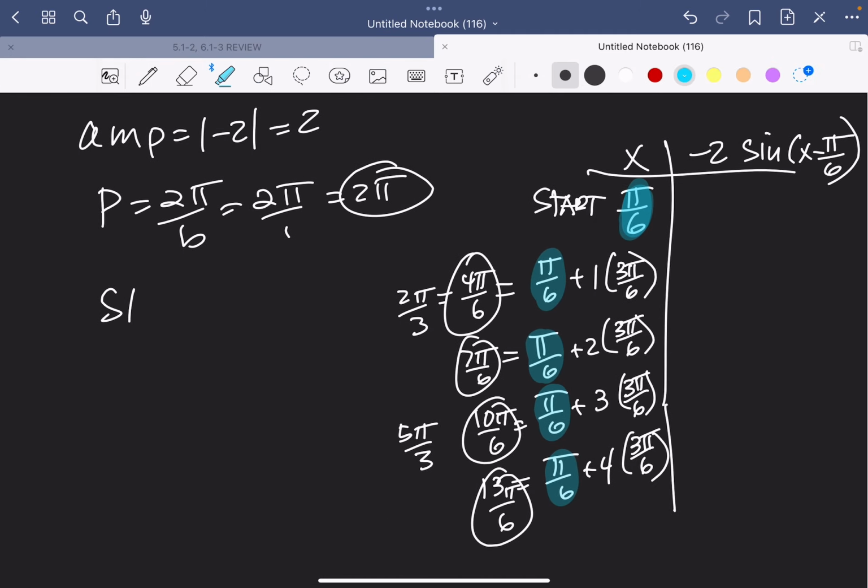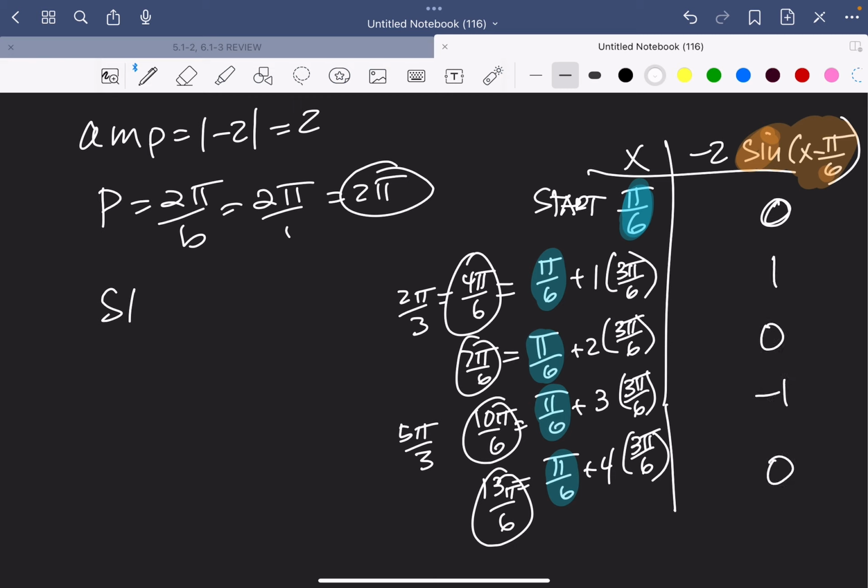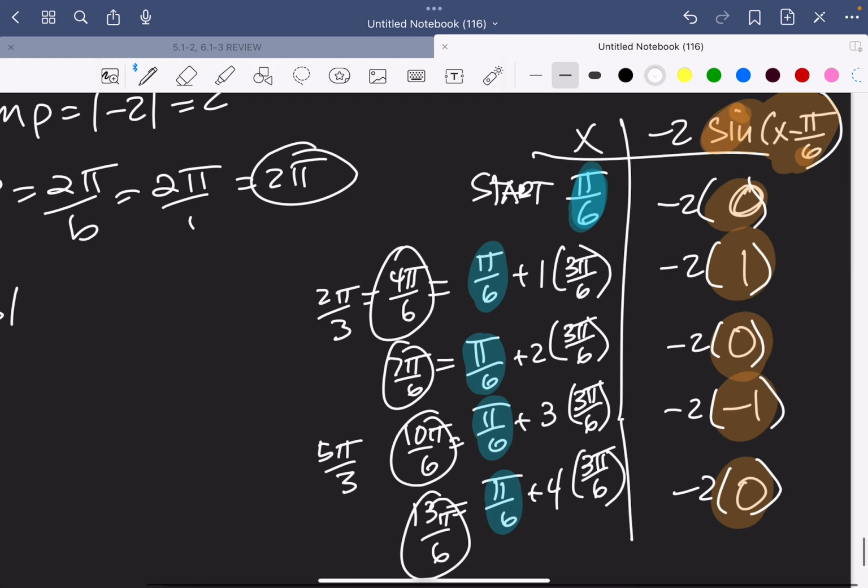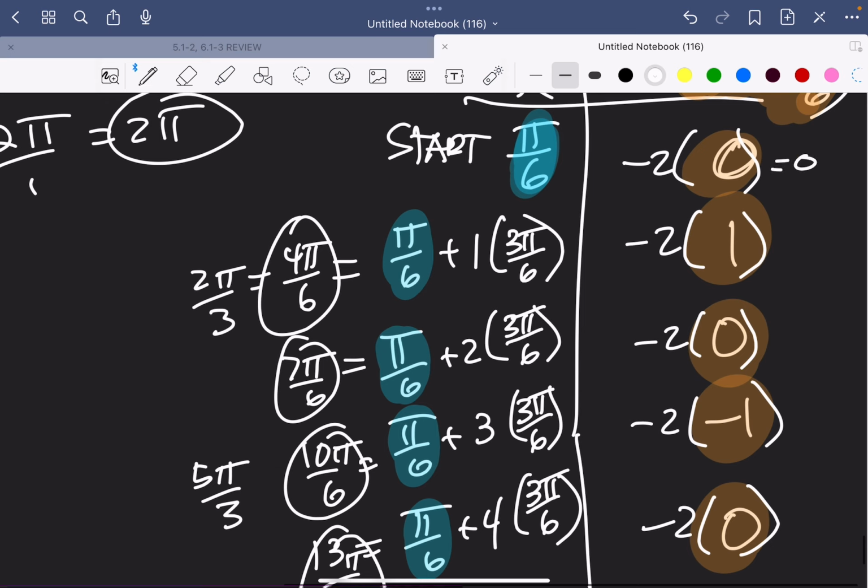So our standard sine, our parent function, is 0, 1, 0, -1, 0. Those are the values of our standard parent function, right? Why is that great? Because now I'm just going to take all those and multiply by that -2 out front, which first reflects and then stretches by that amplitude. So I get 0, -2, 0, 2, and 0.